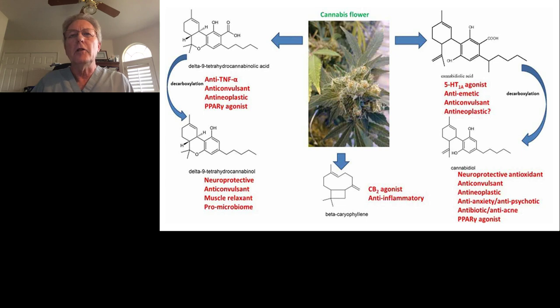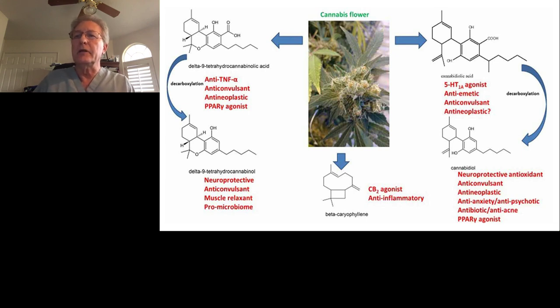So following decarboxylation, you can see that delta 9 THC has neuroprotective, anticonvulsant, muscle relaxant activity, even directly affecting our microbiome. On the right side, CBD-AA is converted from the acid form into the neutral form of CBD, which many people find in the marketplace, and it's one of the hottest products on the market now in the non-dispensary channel.